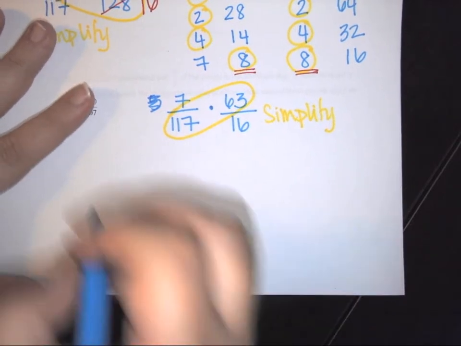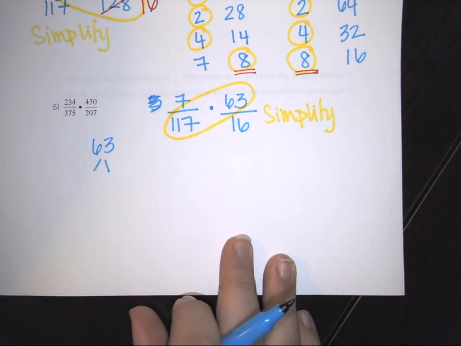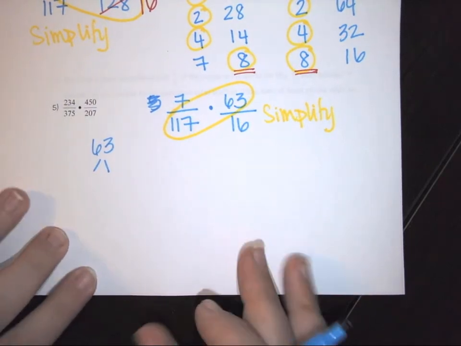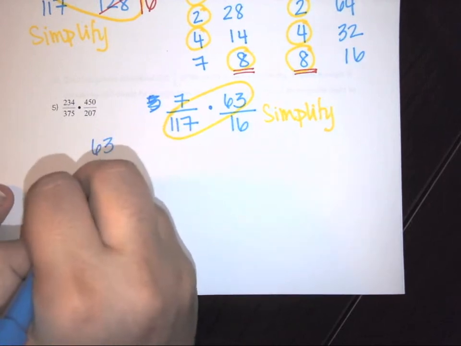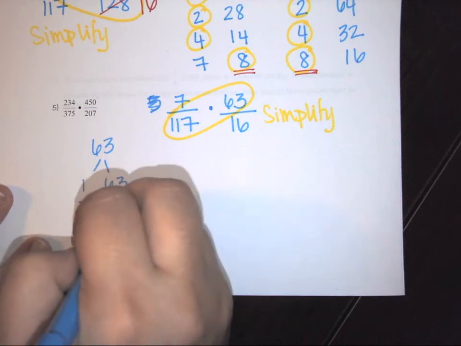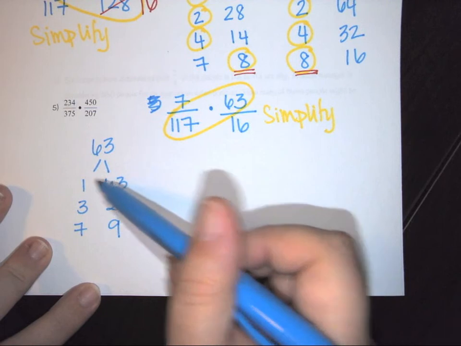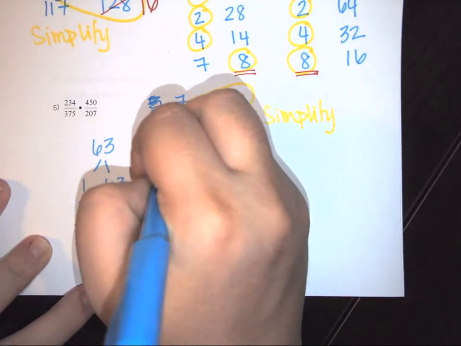So the first thing I'll look at is 63. And so what do we know about 63? Well, I know 1 and 63. I've got 3 and 21. I have 7 and 9. So I'm going to use these 6 numbers and see if any of them come out of 117.